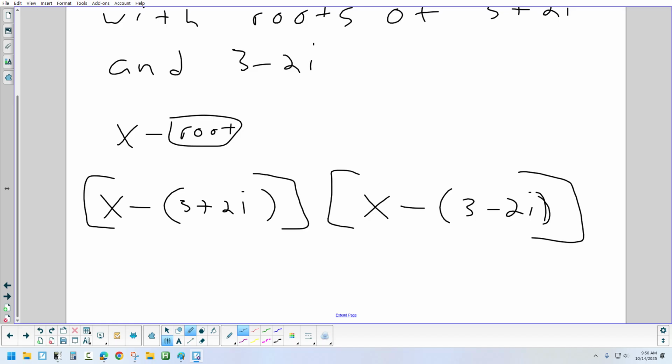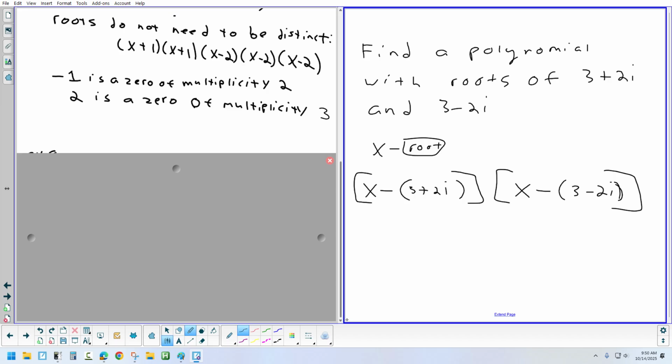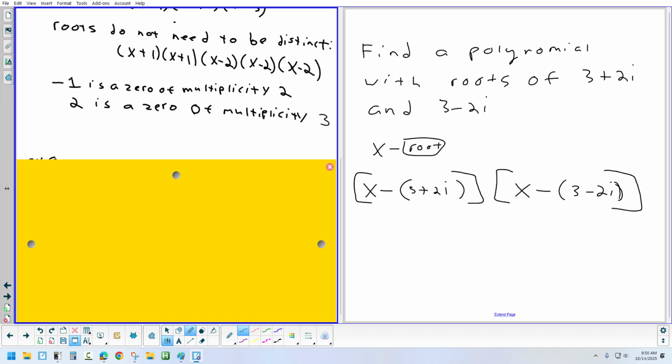We want to distribute those out. Yeah, distribute the negative.